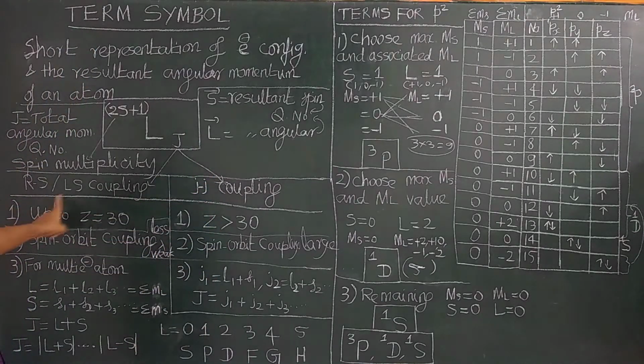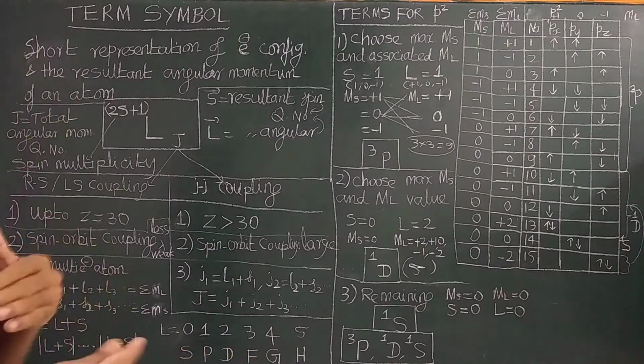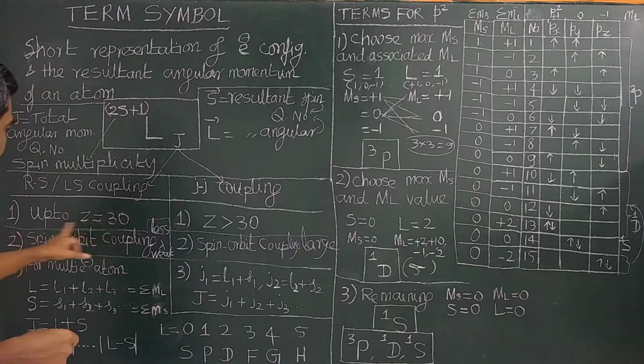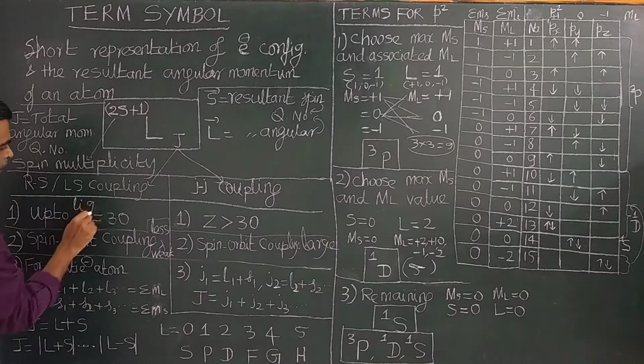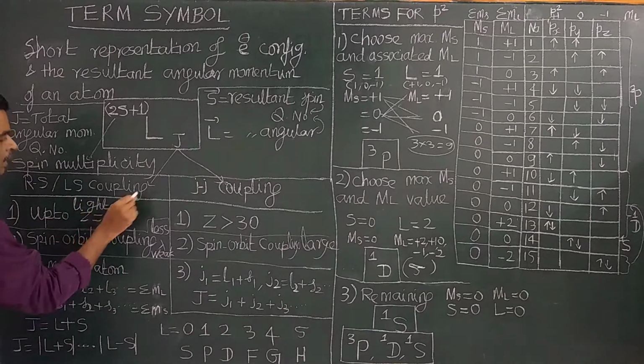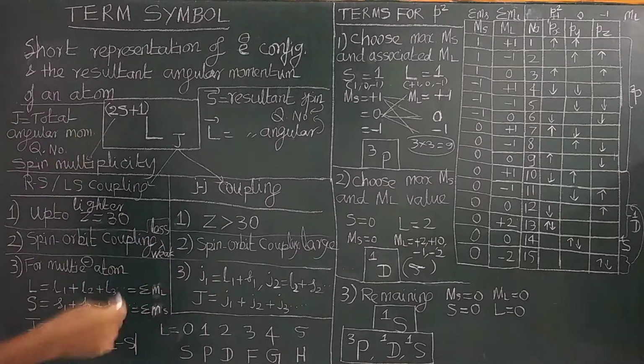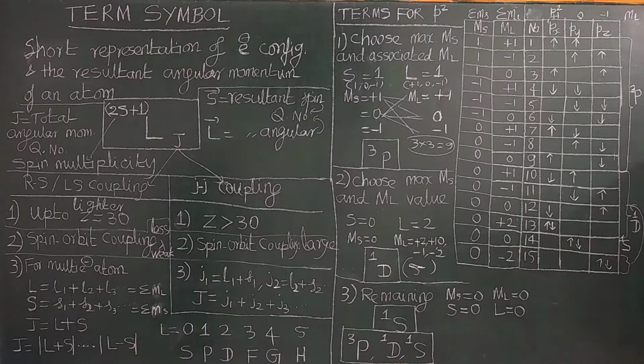RS coupling, or LS coupling, is applicable for lighter elements, with Z equal to 30 or less than 30, that is, atomic number up to 30. For heavier elements with atomic number greater than 30, JJ coupling is used.